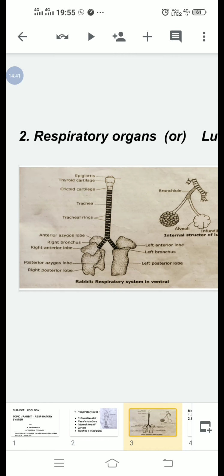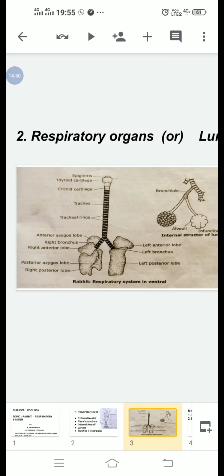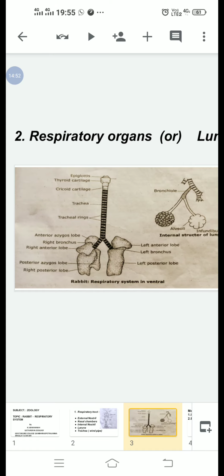In each lung, the bronchiole is divided into fine tubules called alveolar ducts. Each alveolar duct opens into a chamber called alveolar sac.